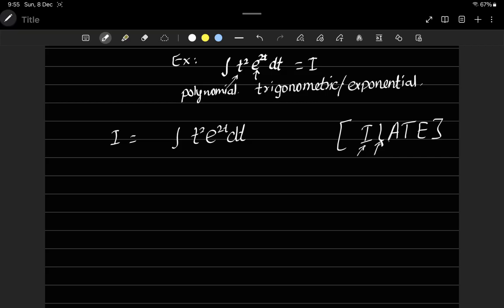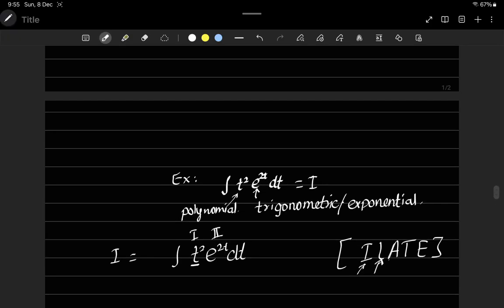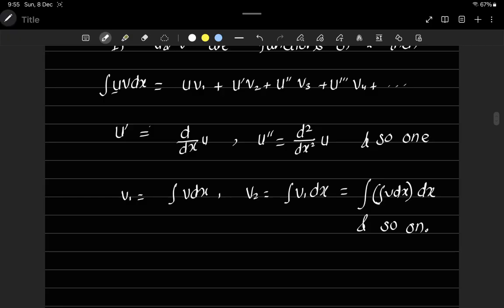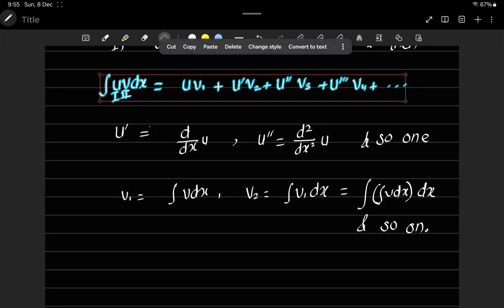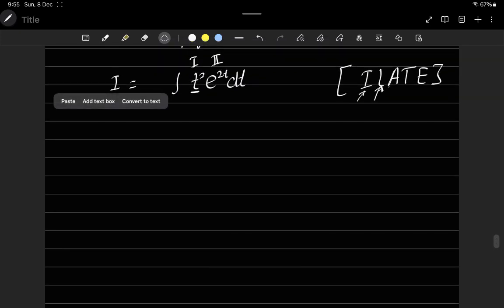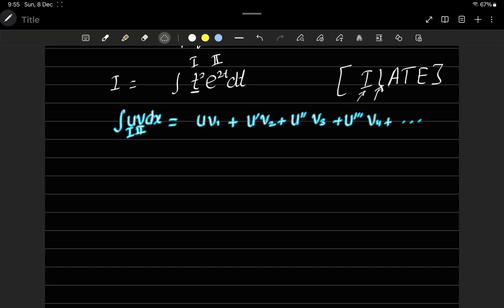A stands for algebraic, which is our polynomial. So this will be our first function and this will be our second function; here we call the first function u and the second function v. I will just copy this and use the result of the generalized integration by parts to solve this.